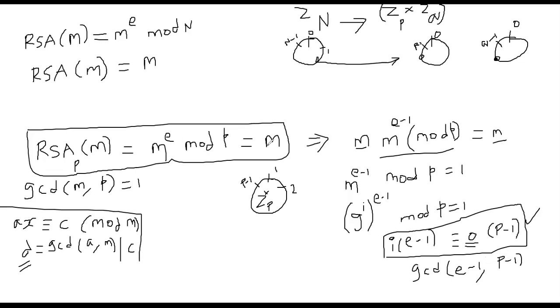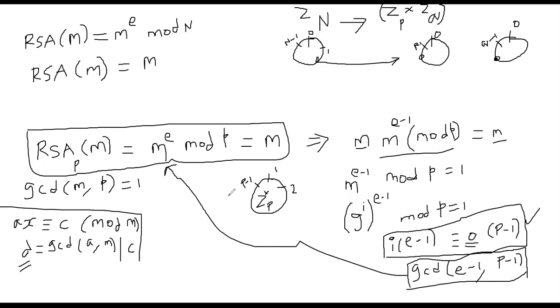M power E mod P is equal to M. How many M's can we expect? We can expect GCD of E minus 1, P minus 1 solutions for this particular equation to have a fixed point. So all I did is convert this problem.